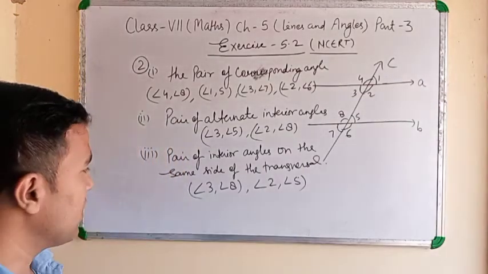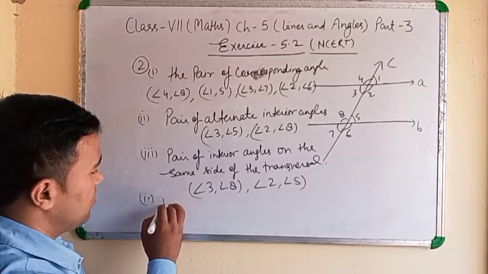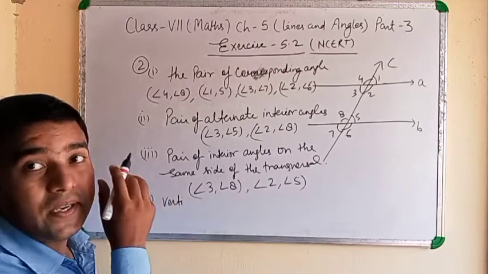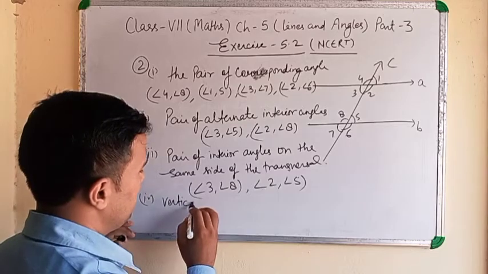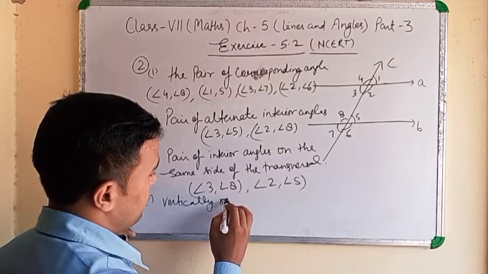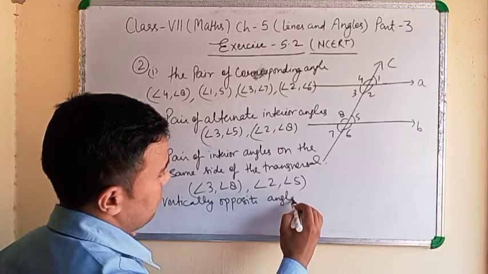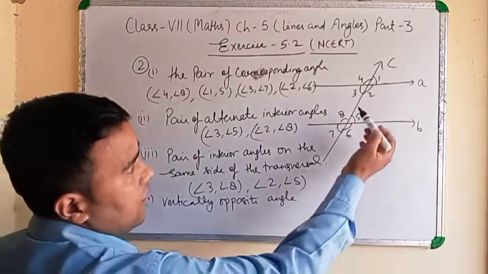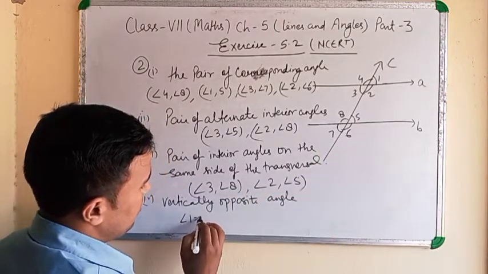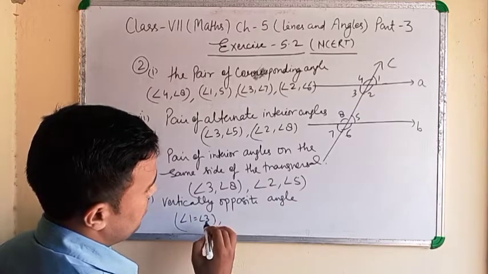Vertically opposite angles. The last one is vertically opposite angles. Vertically opposite angle means angle 1 equal to angle 3. Clear?